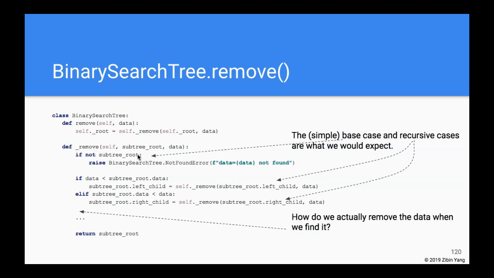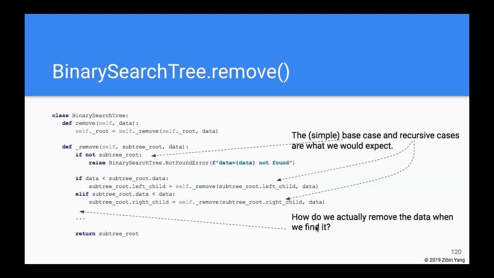The first thing is, if the subtree is empty, then we couldn't find the data that we are removing, and we're done. The recursive case is, if the data we're trying to remove is less than the data at the root of the subtree, then we recursively go down the left subtree. And if the data is bigger, then we recursively do the removal on the right subtree.